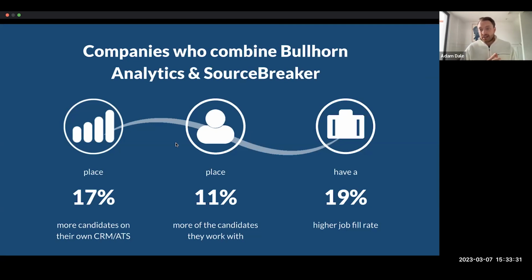So, less effort finding candidates every time, but also a better candidate experience, because more of the candidates you're working with are ultimately getting placed by your agency, and they have a 19% higher job fill rate. And I don't think I know a recruitment director out there that wouldn't like to fill 19% more of their jobs. So yeah, please get in touch with the team to find out more.